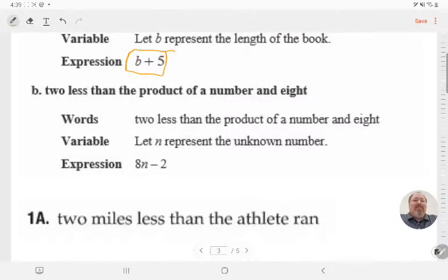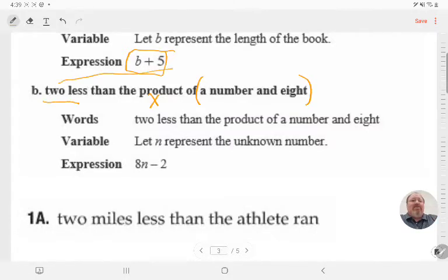2 less than the product of a number and 8. So we know that product means it's a multiplication problem. And what we can do is we know that the multiplication problem is going to be between a number and 8. And we know that it's 2 less than that.